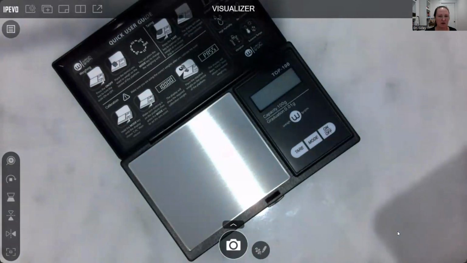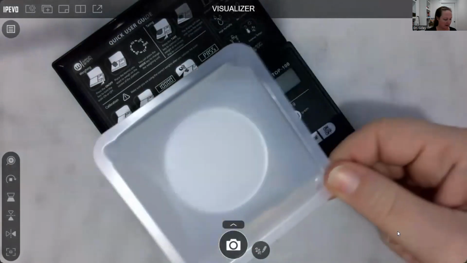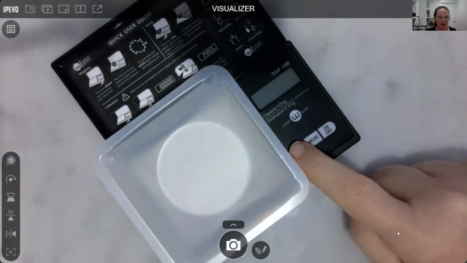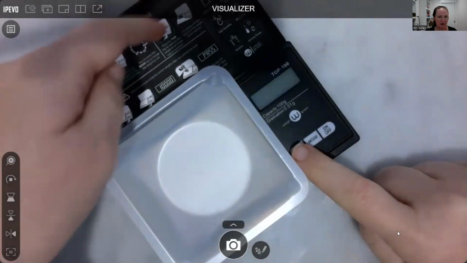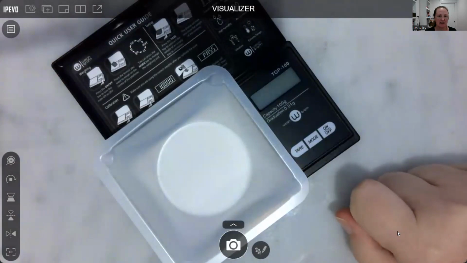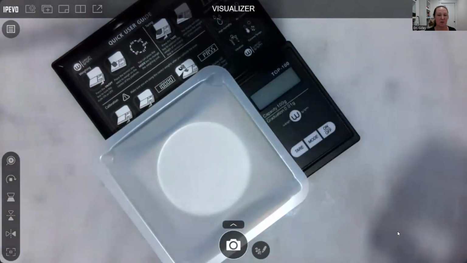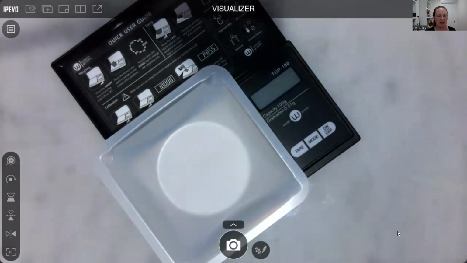And then when you are using it, use a weigh boat with it. So you want to put the weigh boat on there, press tare, right? And the instructions are actually up here. You can read about how to do that. The tare will take the weight of the weigh boat and set it to 0. And that way, anything you weigh on here will not include the mass of the weigh boat.